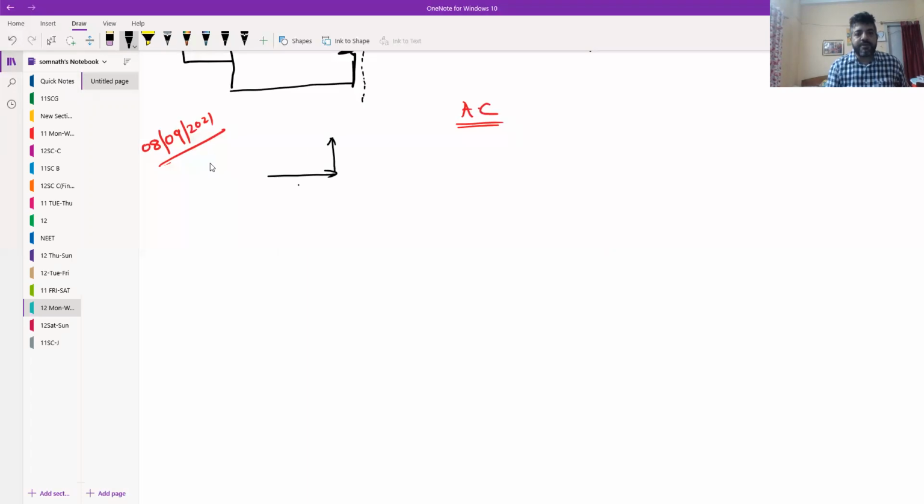If this is my pure resistance R, this is my reactance X, and this one is my impedance Z, then Z equals the square root of R square plus X square, and X equals XL minus XC. XL is omega L, XC is 1 by omega C, and this angle is called phi. This is called the AC triangle.